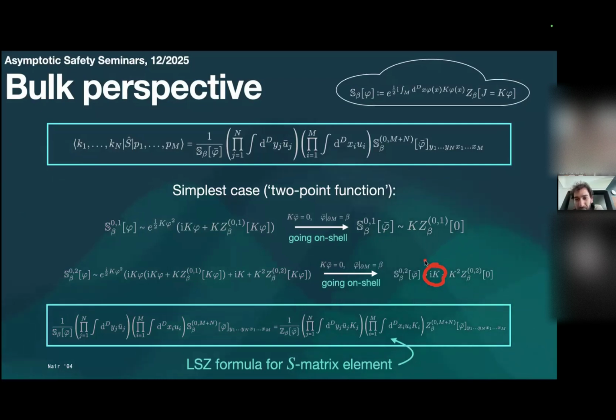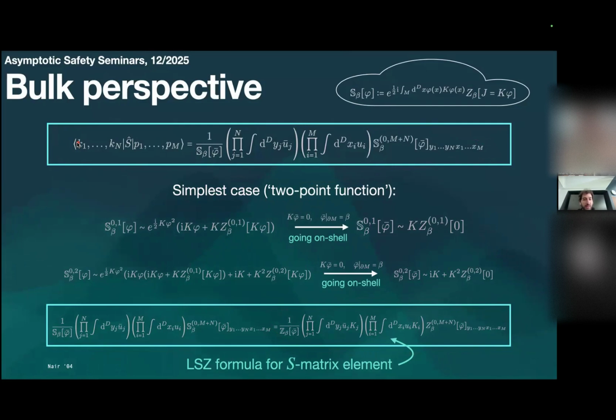But remember that I'm supposed to plug this into the contraction with my Fourier modes, which means that this K will act on these Fourier modes, which are on the mass shell. Because this was a physical kinetic operator, this contracted with my modes gives me 0. So the only part that is relevant is the one that would appear in the LSE formula. One can show that in general, this contraction of my Fourier modes with my functional derivatives indeed recovers the right-hand side of the LSE formula. So this is why this formula holds.